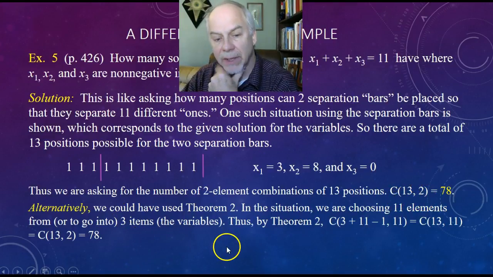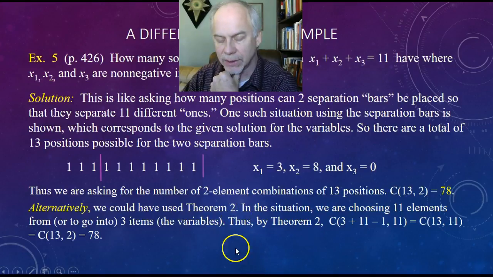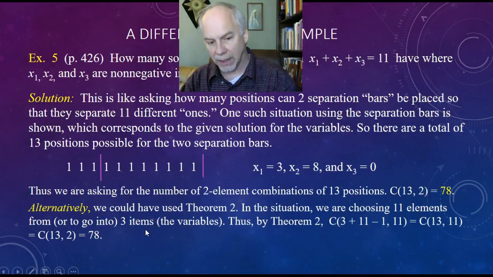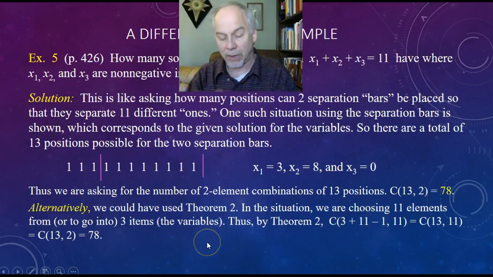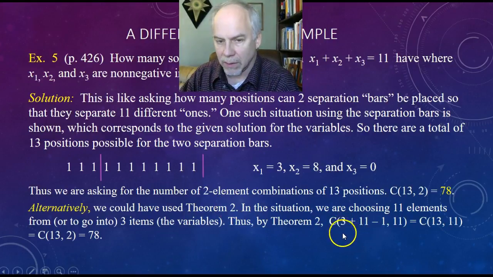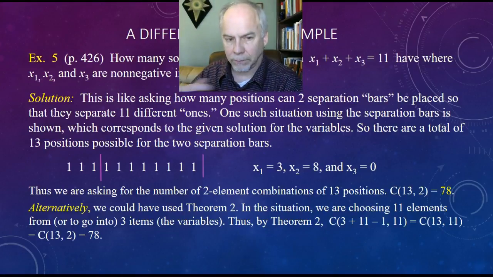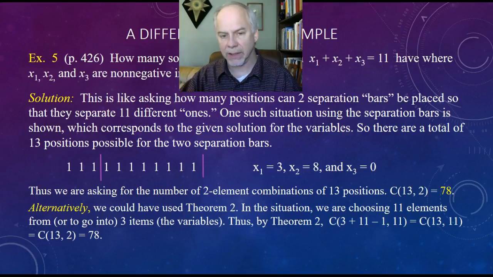Now, another way we could have done this, we could have used Theorem 2. In this situation, we're choosing 11 elements to go into 3 elements, which are the variables x1, x2, and x3. It's kind of like the situation with displaying the 9 vehicles, whether they're sedans or whatever.